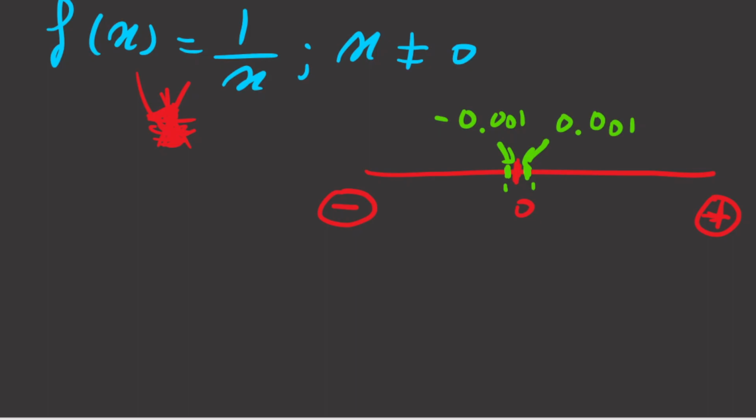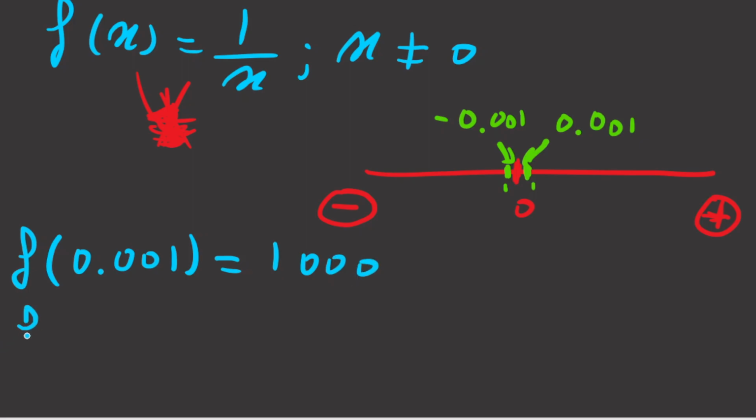So for example here, f of 0.001 is 1000, and if we take f of minus 0.001, we get minus 1000.